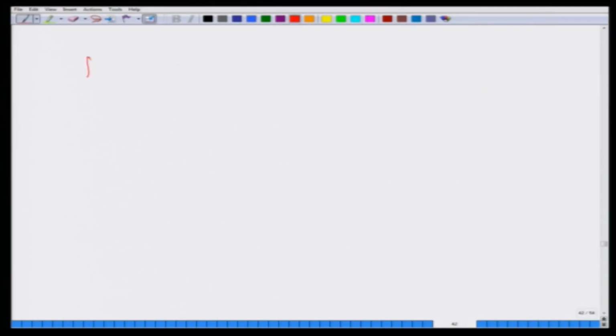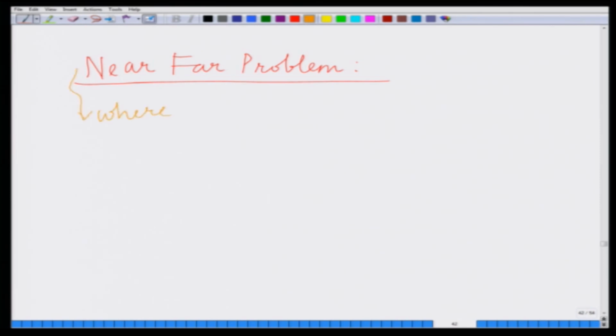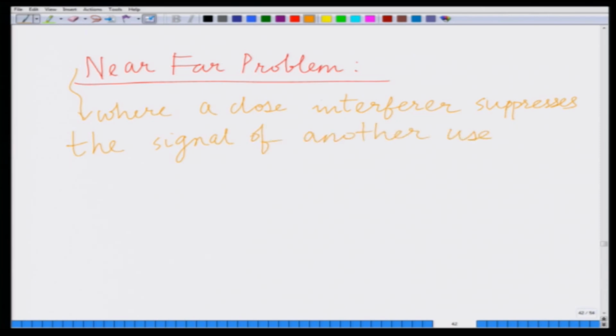So, what is the near far problem? Near far problem in a CDMA system is where a close interferer suppresses the signal of another user in the CDMA system.